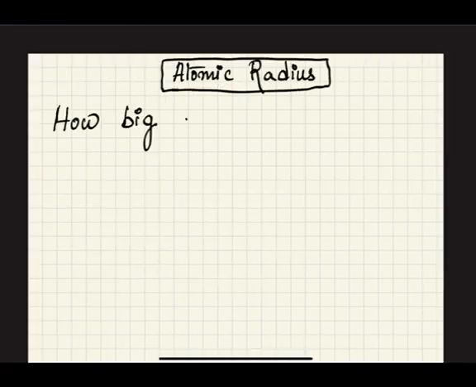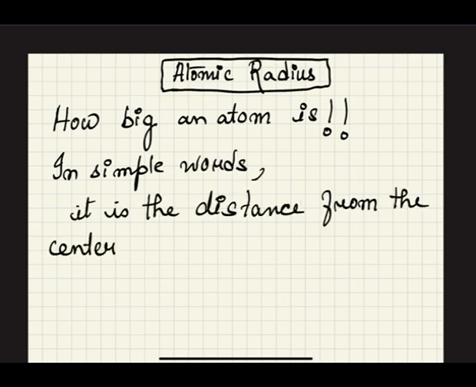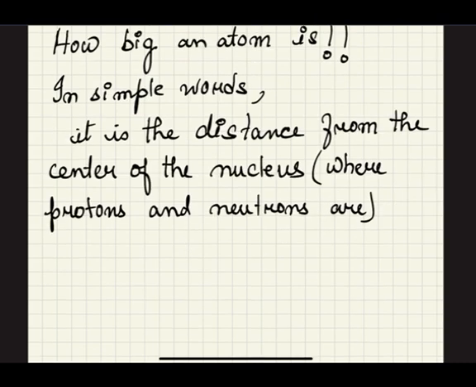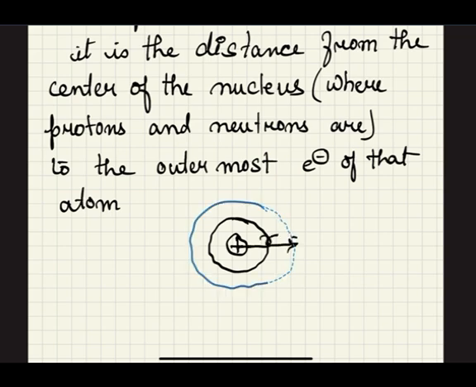Atomic radius: how big is an atom? In simple words, it is the distance from the center of the nucleus, where protons and neutrons are, to the outermost electron of that atom.